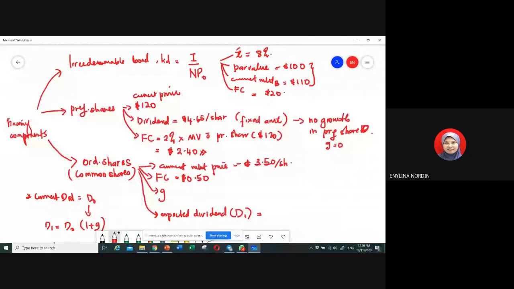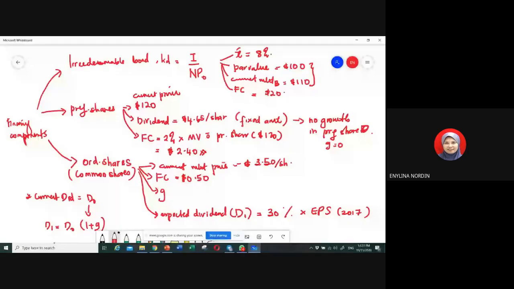But in this question, it's already mentioned that the expected dividend, next year's dividend, referring to D1, is 30% of the last year's earning per share. We are now doing for 2018, so therefore it is the 2017 earning per share; we cannot take 2016 given in the question.